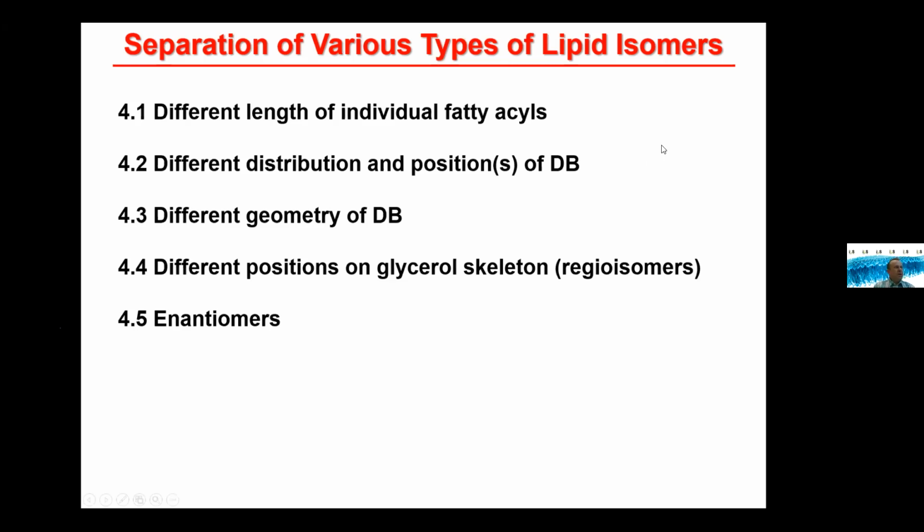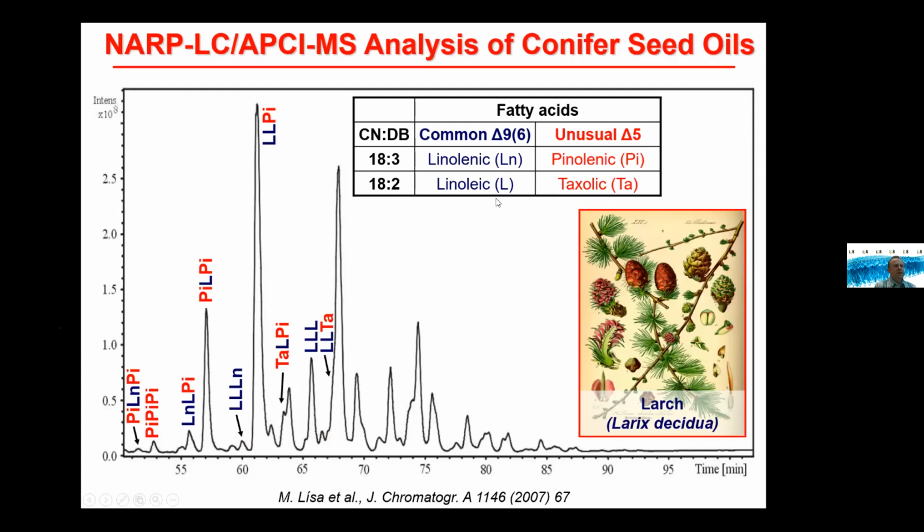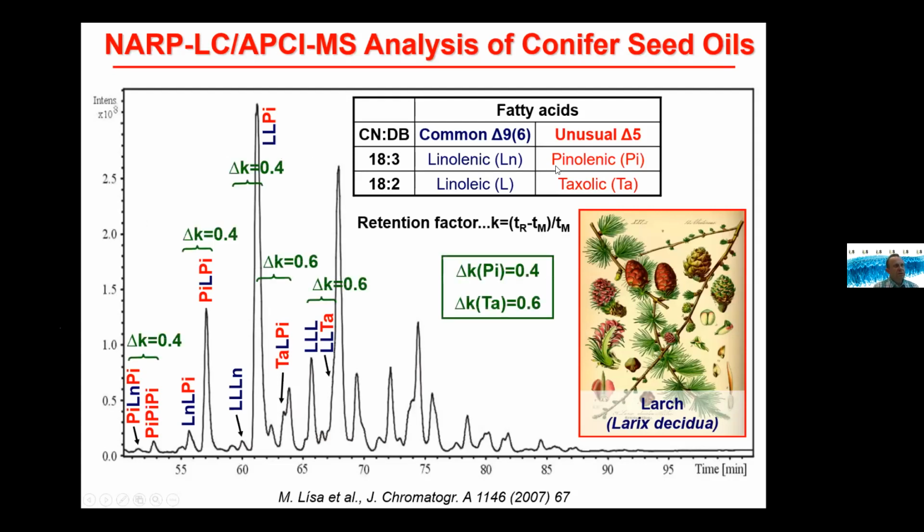So now I would like to show you the separation of various types of lipid isomerism step by step. It means the different length of individual acyls, distribution and positions of double bonds, geometry, and also regioisomers, and finally enantiomers.